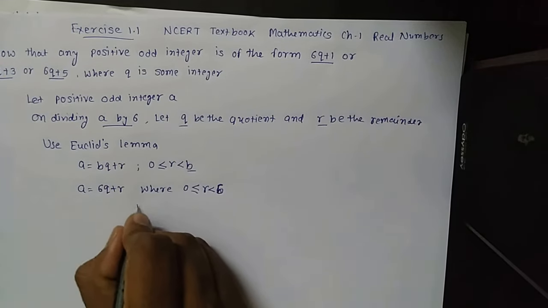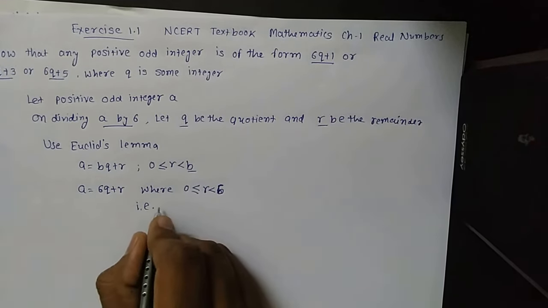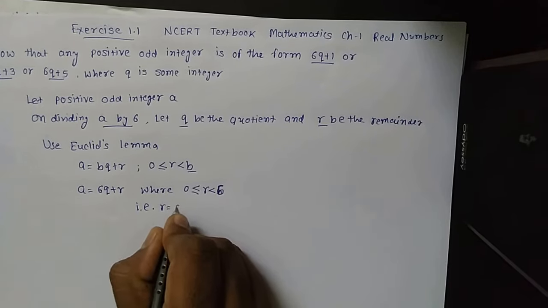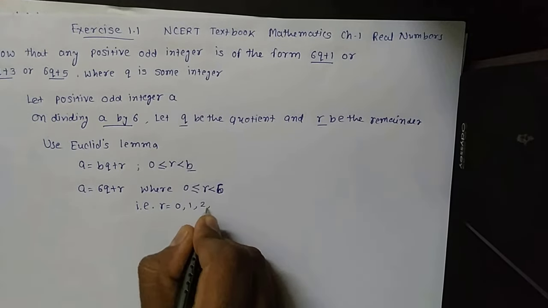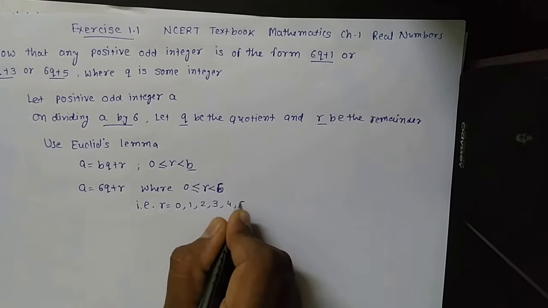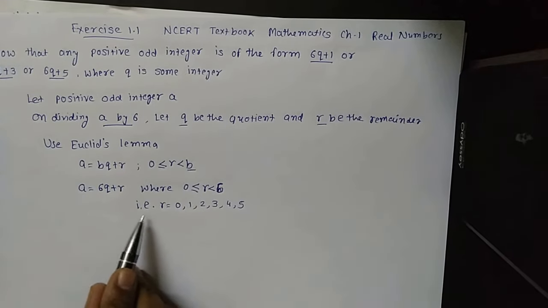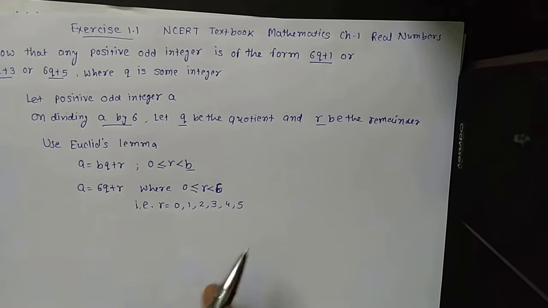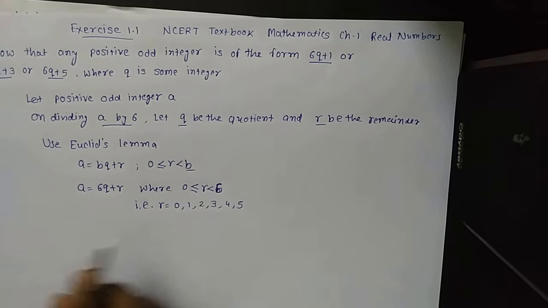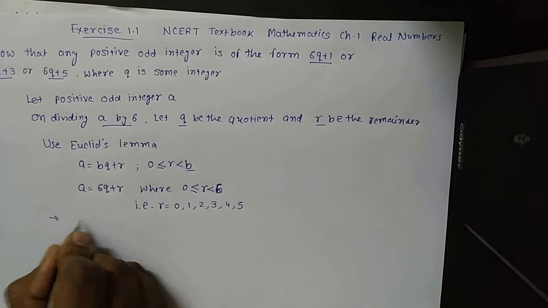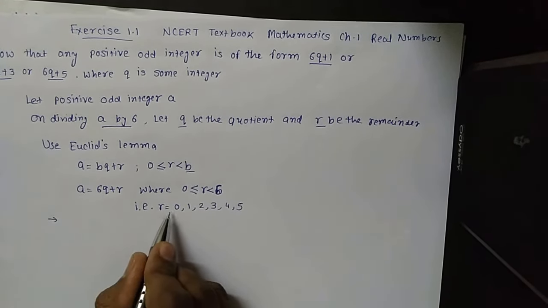So r would be equal to 0, 1, 2, 3, 4 or 5. Let us try to put all these values one by one. I will first take the value of r as 0.